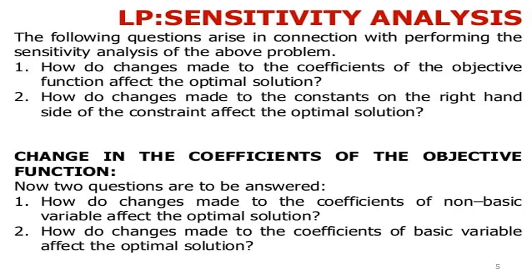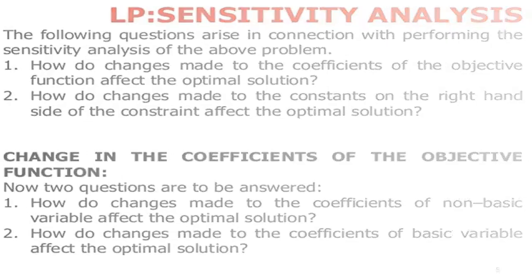And if we look at the coefficients of the objective function, how do changes made to the coefficients of a non-basic variable affect the optimal solution? And how do changes made to the coefficients of the basic variables affect the optimal solution?